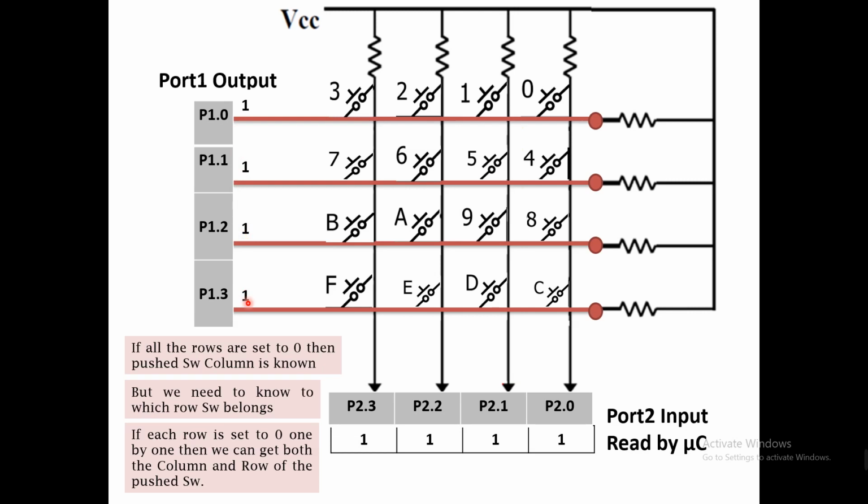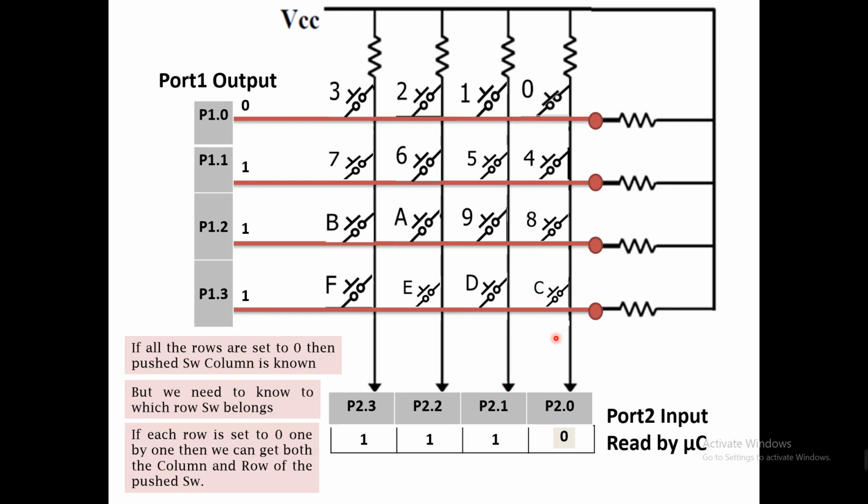In sequence we can make each of the rows 0 one by one, and then we read the value here. For example, if we make this row 0 and we press this button, then this value will be 0. What this value 0 indicates is that either switch 0, 4, 8 or C is pressed.